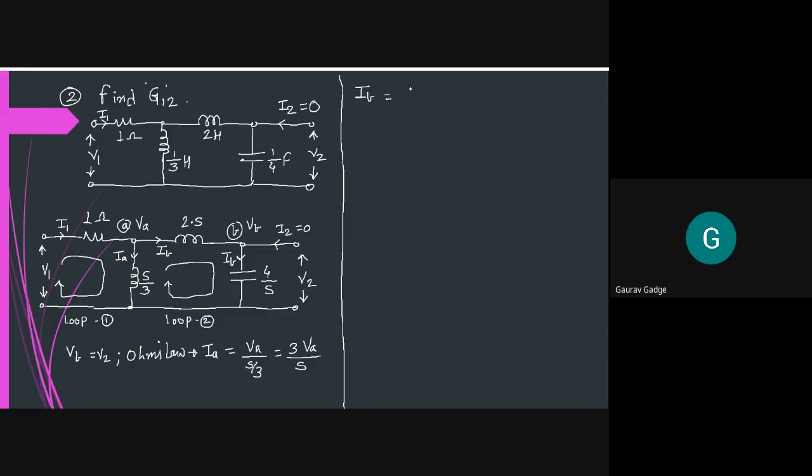So IB is equal to VB upon 4/S, and VB is equal to V2, and S goes in numerator, so therefore it is S V2 upon 4.